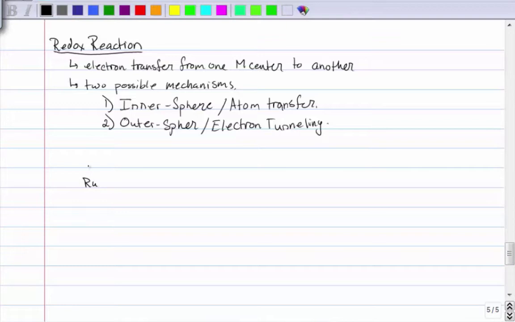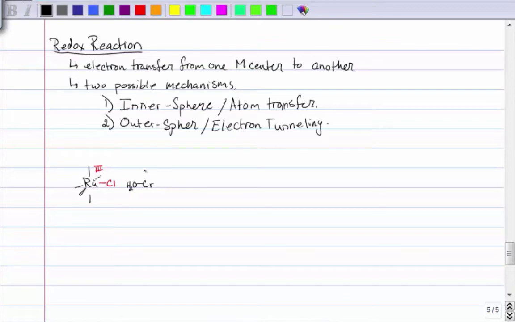In the first example, I'm going to just use an octahedral ruthenium. I'll draw, so this is ruthenium 3 bound to a chloride.